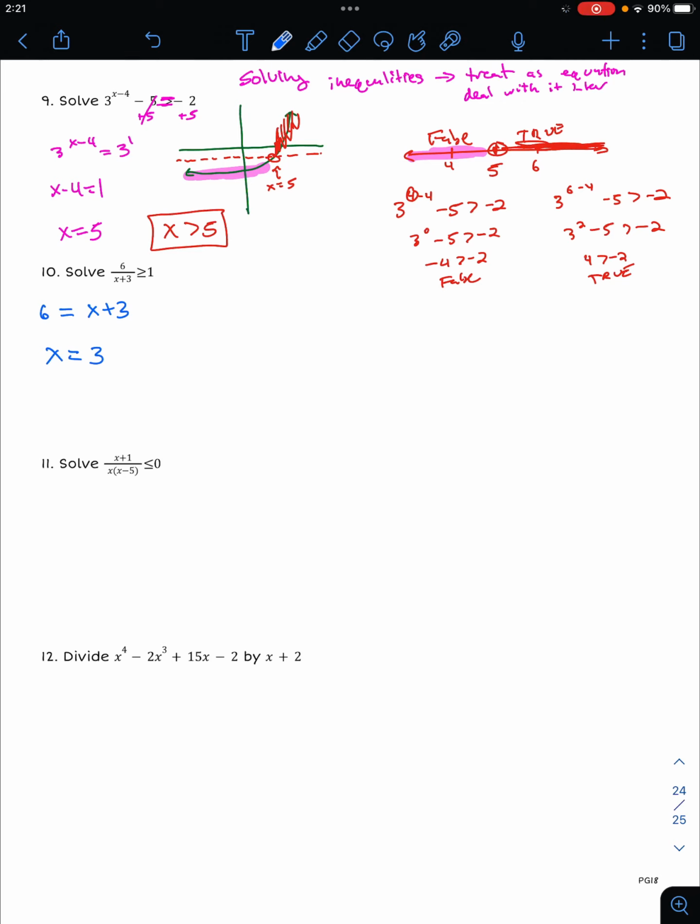If I think about my function on a graph, 6 over x plus 3, the thing to note is, one, there's a vertical asymptote at x equal -3, okay? X equal -3, we have a vertical asymptote. Then I'm interested in when is the function greater than 1. So that's not actually part of the function, but that's what I want to know. When are we greater than 1?